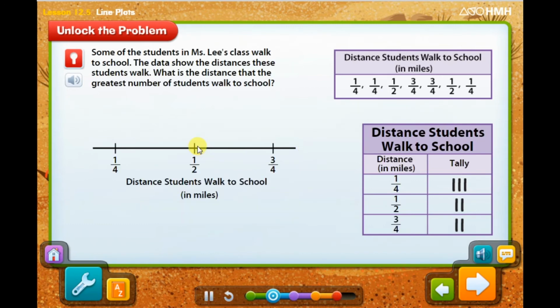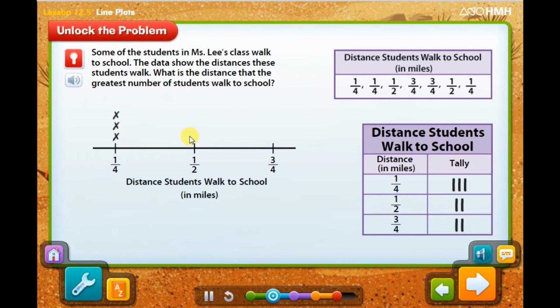Record the tally for each data point on the number line. How many tallies should be above 1/4? We should put 3 X's. 3 students walk 1/4 of a mile, so there are 3 tallies.